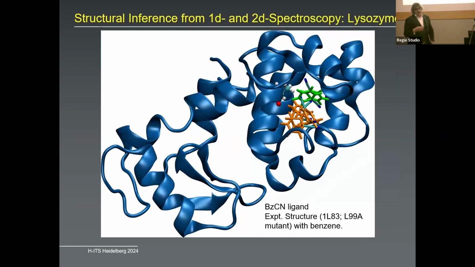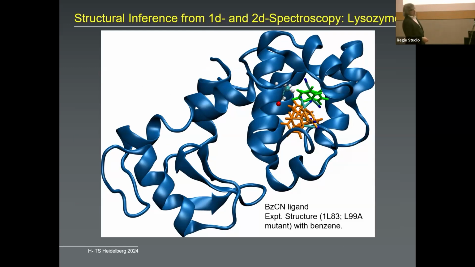The next thing I wanted to touch, because there is some interest in proteins and spectroscopy and ligands, is some work we have been doing on using spectroscopy to relate thermodynamics with infrared response. The system we chose was lysozyme, and the ligand we used was cyanobenzene.